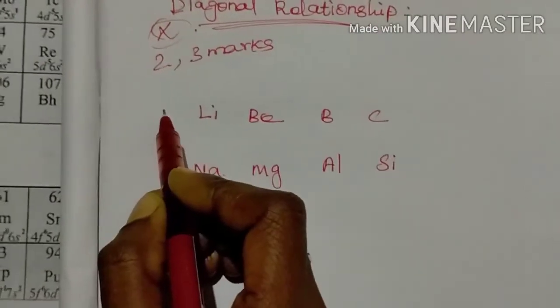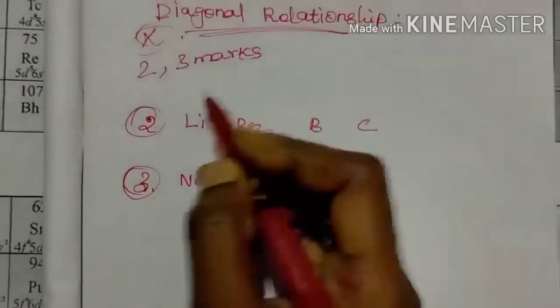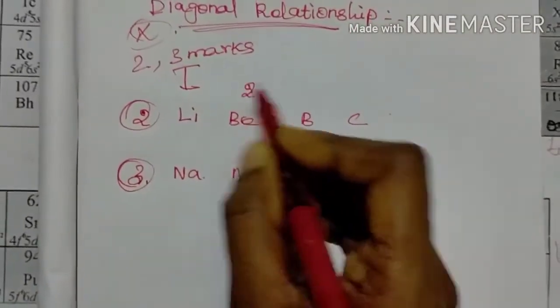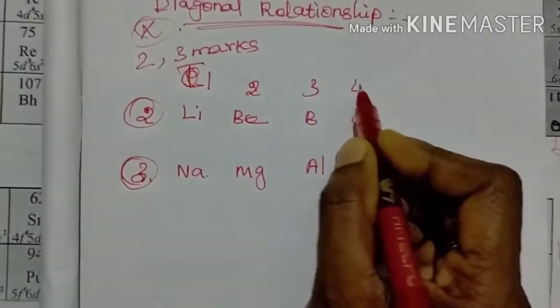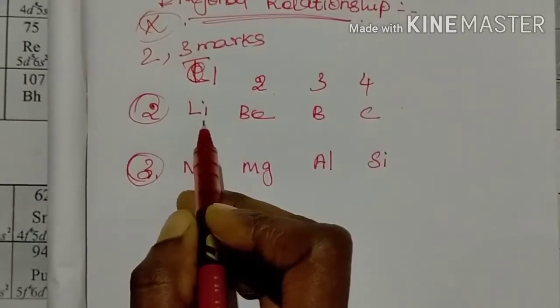Look at these elements. You know that this is the second period and this is the third period. First group, second group, first group, second group, third and fourth.